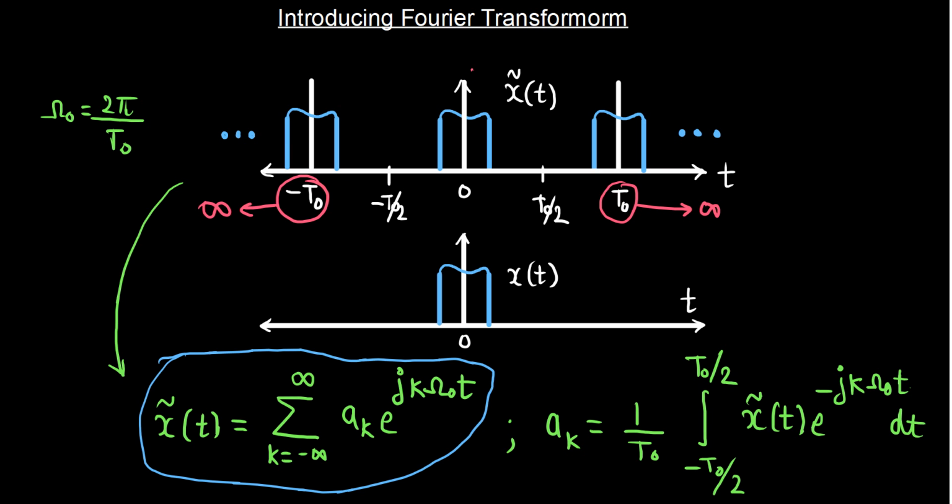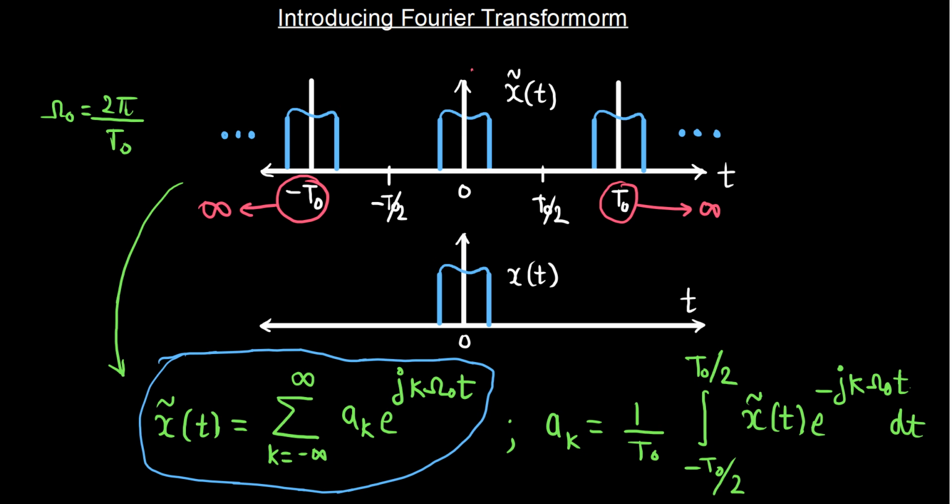Now why are we doing so? Because we need to obtain this aperiodic signal, and in order to obtain this aperiodic signal from this periodic representation, we need to make this t naught, or the period of this periodic signal, tend towards infinite, because in that case these replicas of the periodic signal will be at infinity, and we are going to obtain this aperiodic signal.